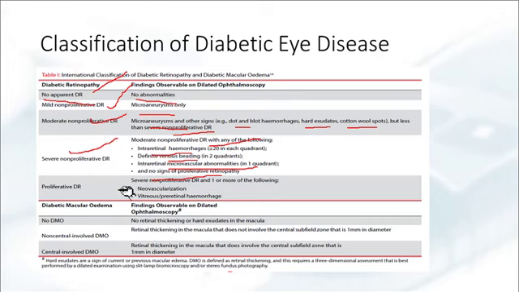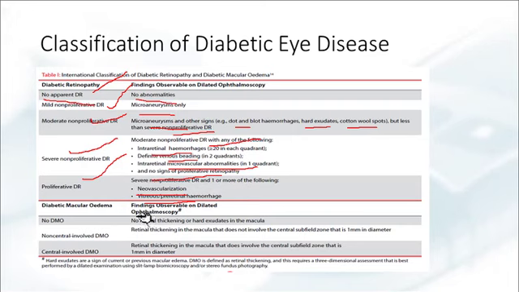And then of course there's proliferative diabetic retinopathy, where you will find neovascularization and vitreous hemorrhage as well. And in this case, they would have severe non-proliferative diabetic retinopathy with either neovascularization or vitreous hemorrhage, and in that case, we consider it to be proliferative diabetic retinopathy.